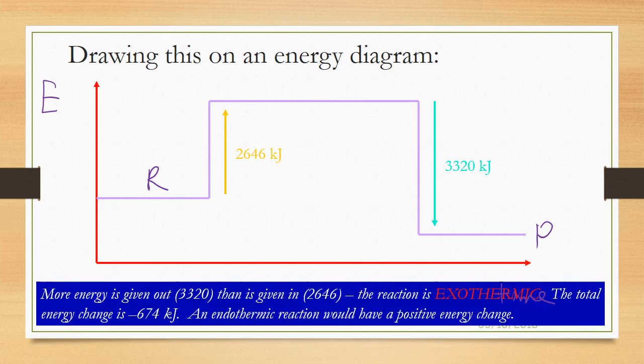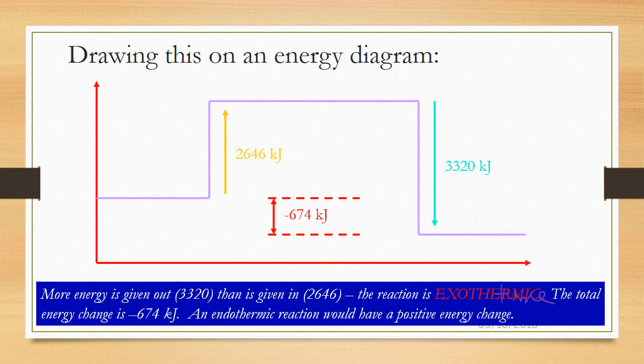And the difference is going to be minus 56 kilojoules. So more energy is given out, 3,320, than given in. So the reaction is considered exothermic, because the difference is minus 56 kilojoules.